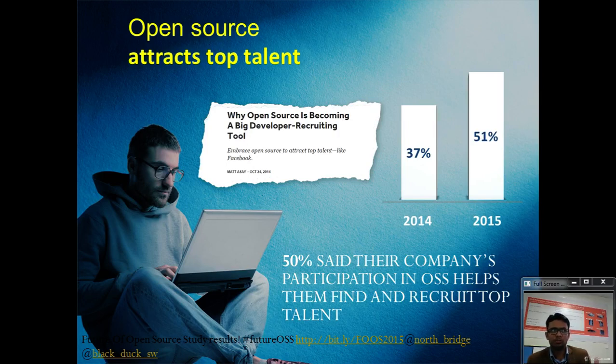For example, GitHub has fast evolved as the center of the universe for coders, as the world's leading code repository. Its versioning system is offered as a cloud service, and GitHub now hosts over 27 million projects. So obviously nowadays open source is becoming a recruiting tool, and it attracts top talent to hire.